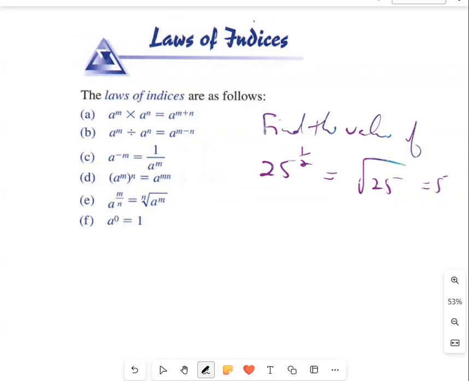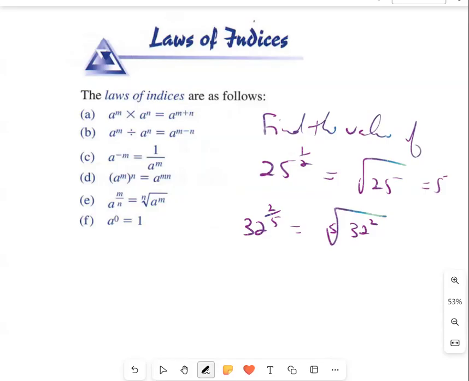Let's say you have 32 to the 2/5 power. What does that mean? It means the 5th root of 32 squared, right? How do you do that? I'm borrowing these from a worksheet, from some notes.